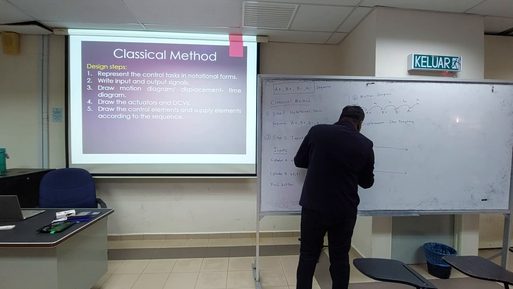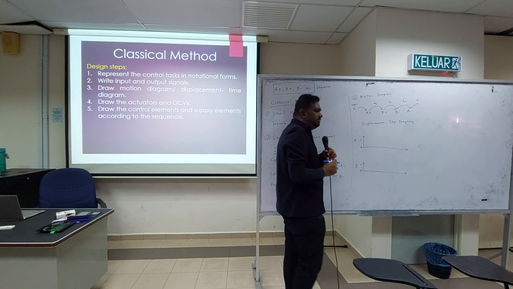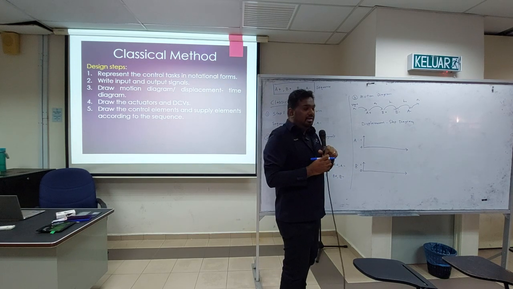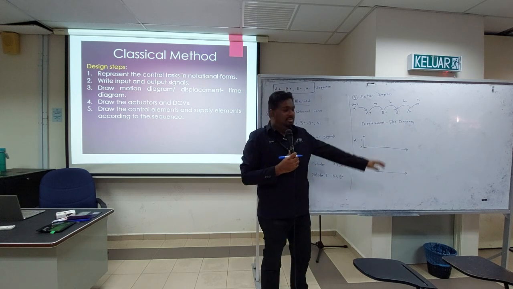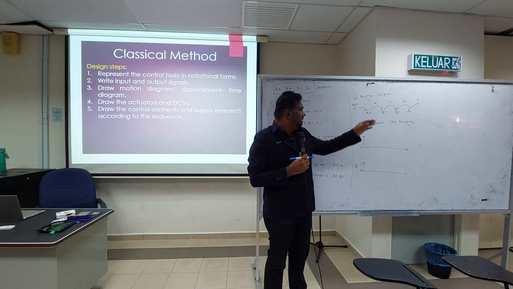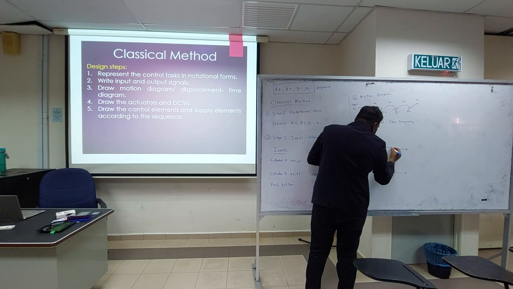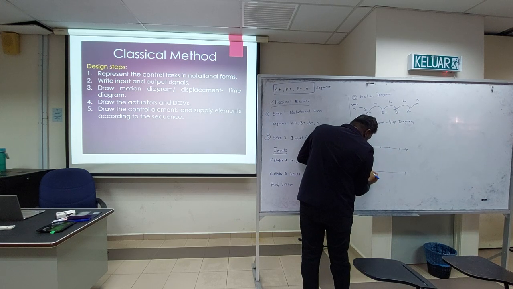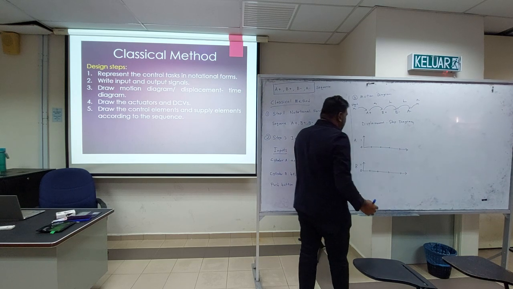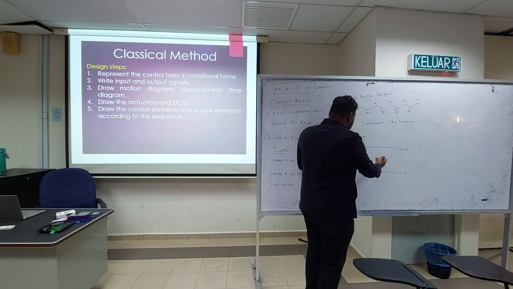Okay, so this is 0 and this is 1. Then here, how many steps are there? How many sequences? 4. So there are 4: 1, 2, 3, 4. Make sure these are the same, so there are no gaps.